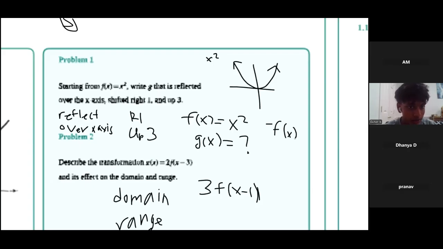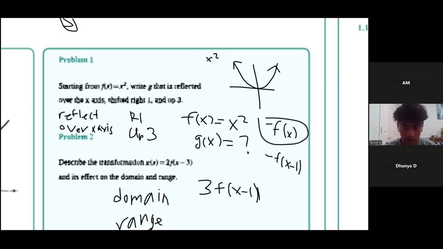And then we notice that we're going right 1, so it becomes negative f of x minus 1, and then up 3, so plus 3.